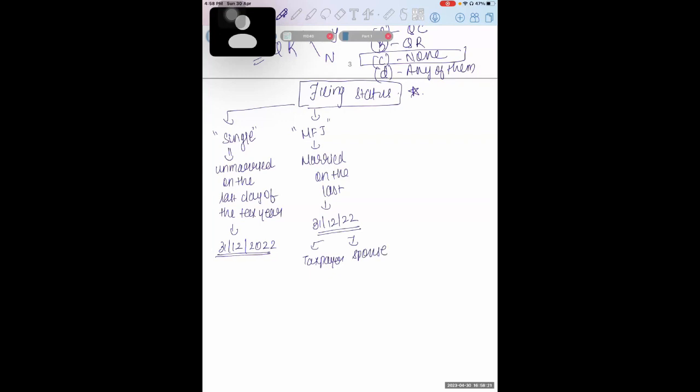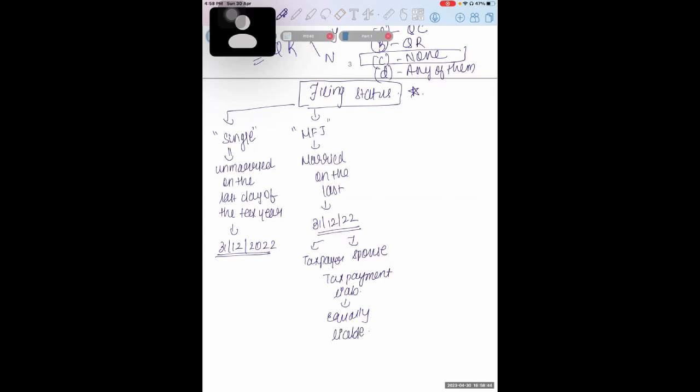All the tax payment liabilities and responsibility will also be shared, meaning they will be equally liable. Not bifurcated, equally liable.